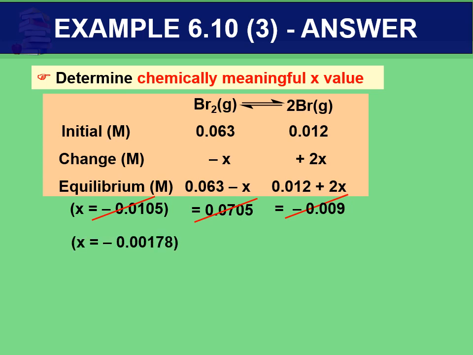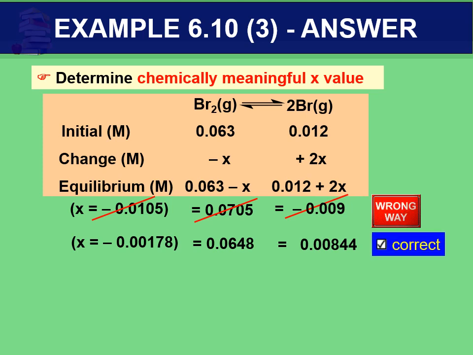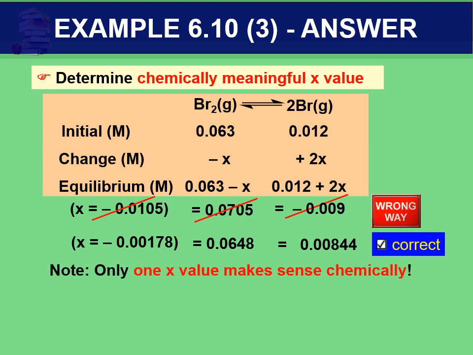The second x is negative 0.00178. We substitute into Br2, we got 0.0648 and 0.00844 for Br. This is the correct x value.